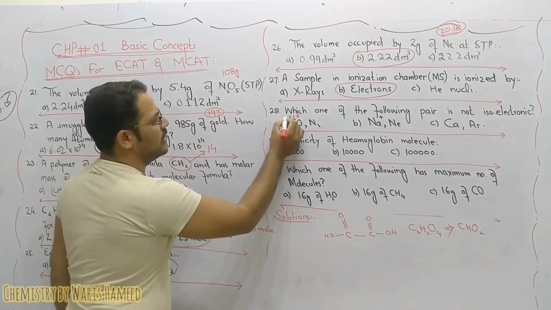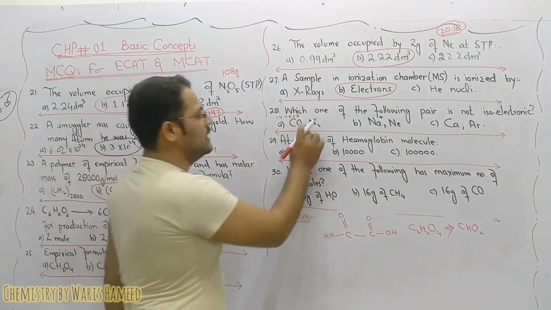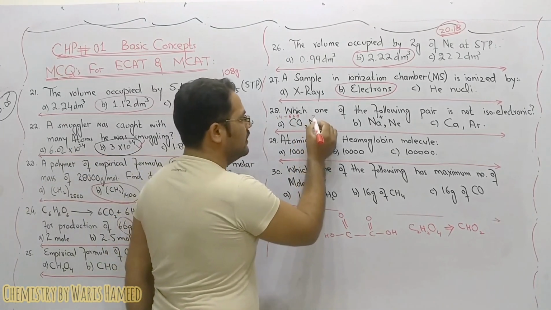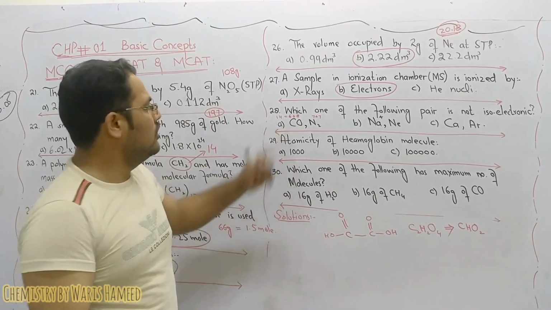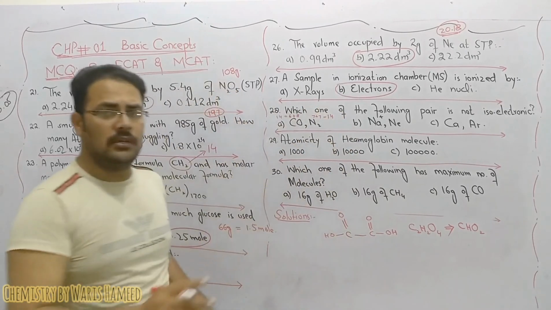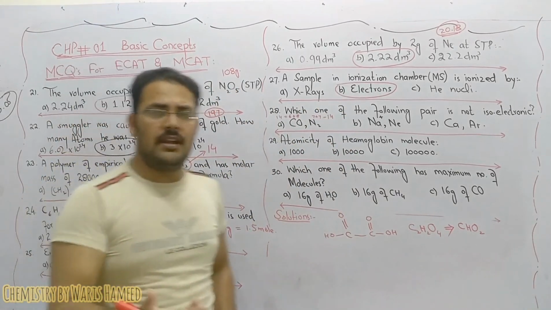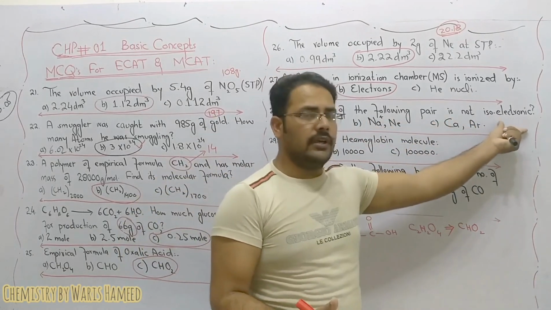It is equal to 14 electrons. In this case, nitrogen has 7 and second nitrogen also have 7 electrons. So it is also equal to 14. So both have similar number of electrons, so these are isoelectronic.